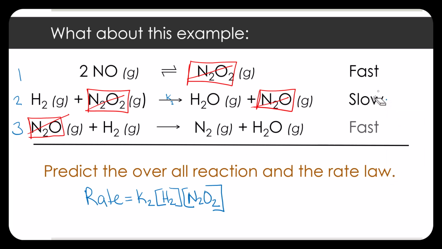So I have to go to the reaction before it to find out where it came from. That's also going to give me a way to replace it as a variable. I'm going to write this equation on the next slide so that we have a little bit of room. The equation we're going back to is this one: 2NO, this is fast and ends up in equilibrium, makes N2O2.